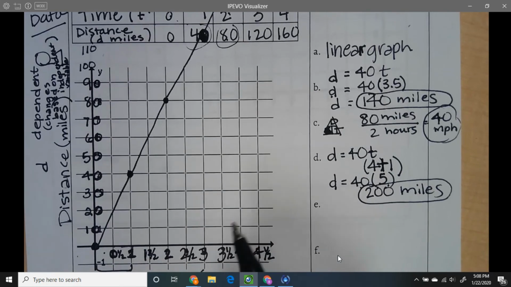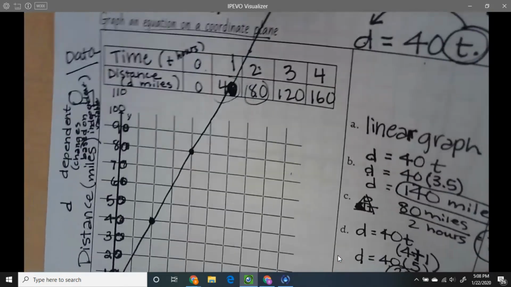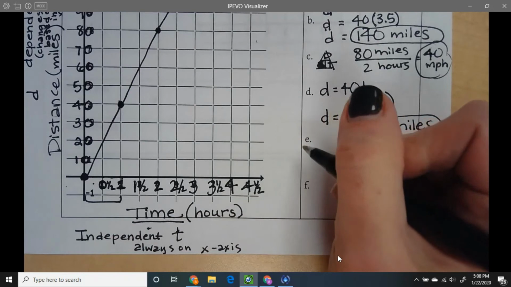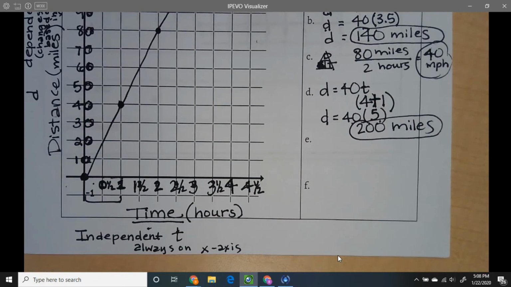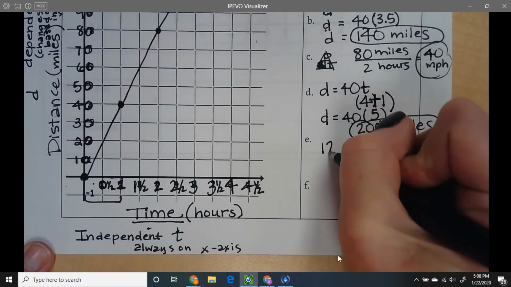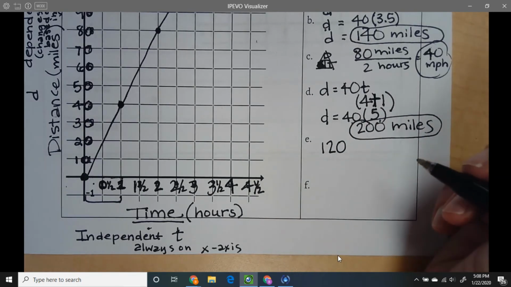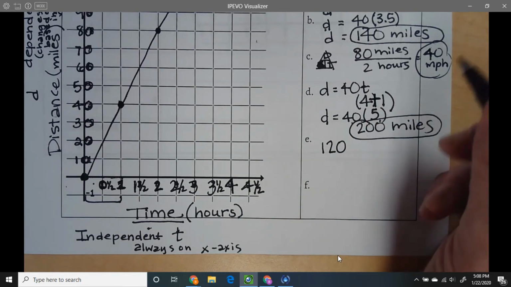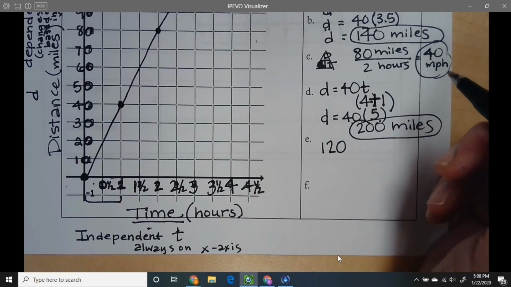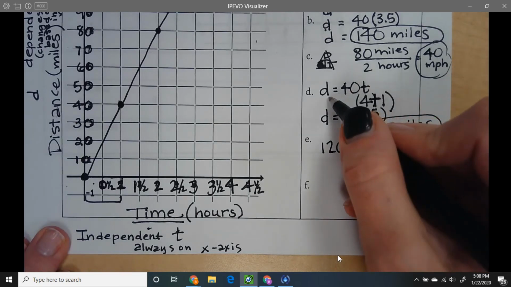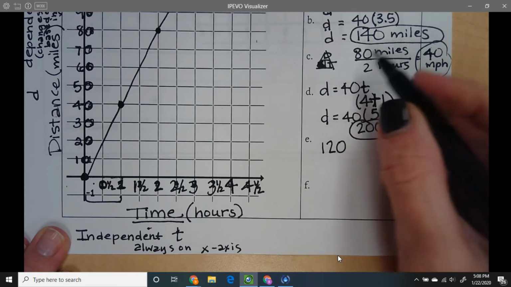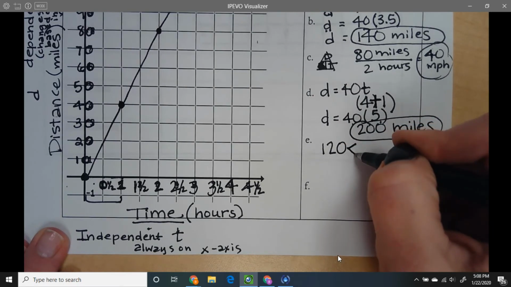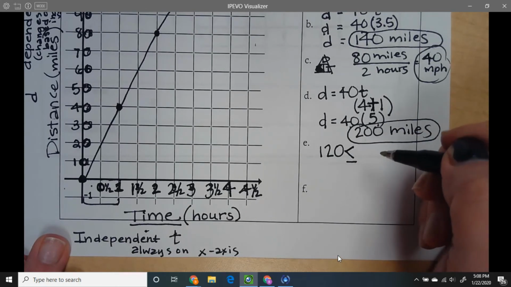E says if Angela wants to drive at least 120 miles, how many hours will she need to drive? Okay, so I know my distance I have right here, and we want to drive at least that. How many hours would that take? So I'm going to do 40 times T in my equation.